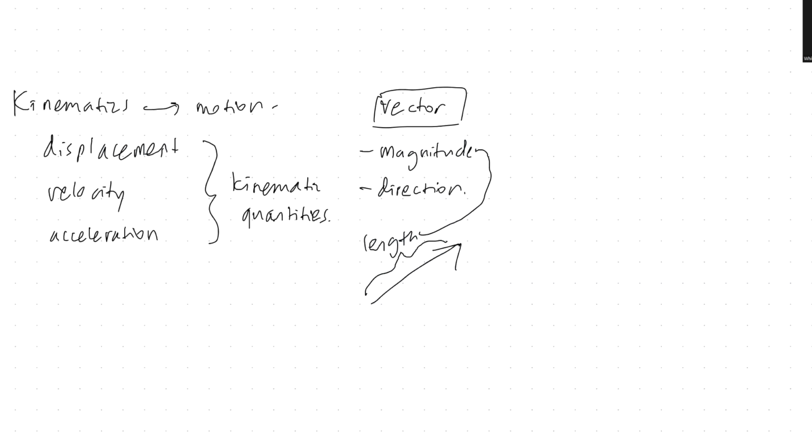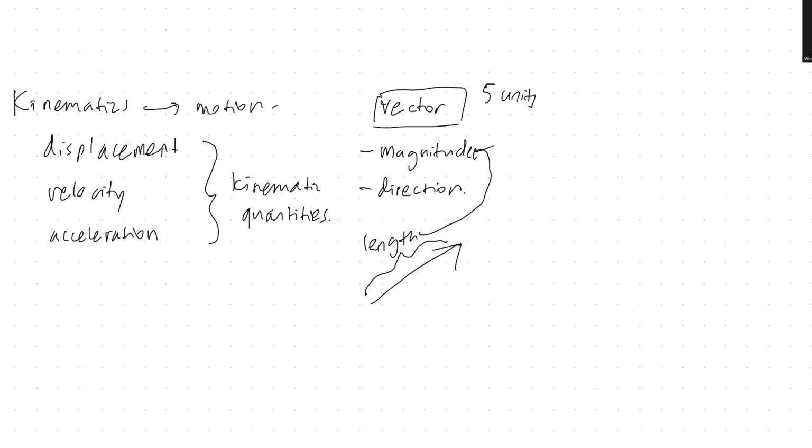So if a vector has, let's say, a magnitude of 5 units, then geometrically we can represent this as an arrow with a length of 5 units. That should be quite intuitive, right?